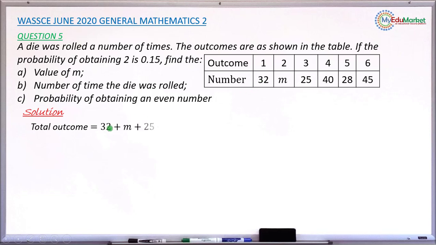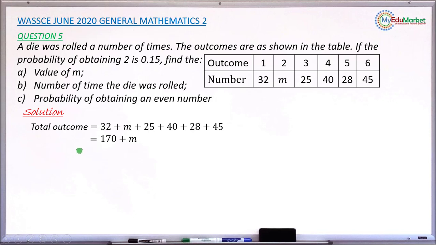So total outcome will be equal to 32 plus m plus 25 plus 40 plus 28 plus 45. Adding this correctly gives the answer 170 plus m. That is, adding the constant numbers gives you 170, then copy plus m. So this is the expression for the total outcome, that is, the number of times this die was rolled.